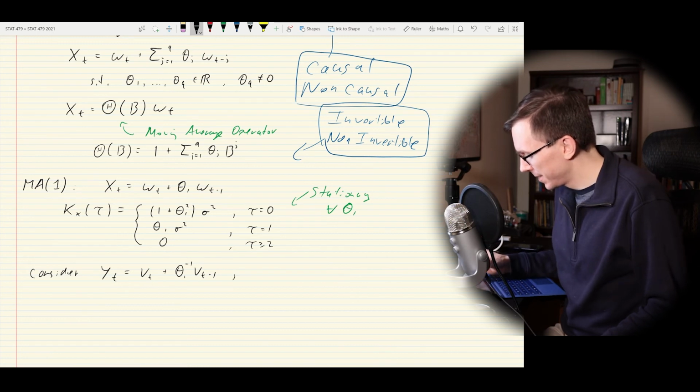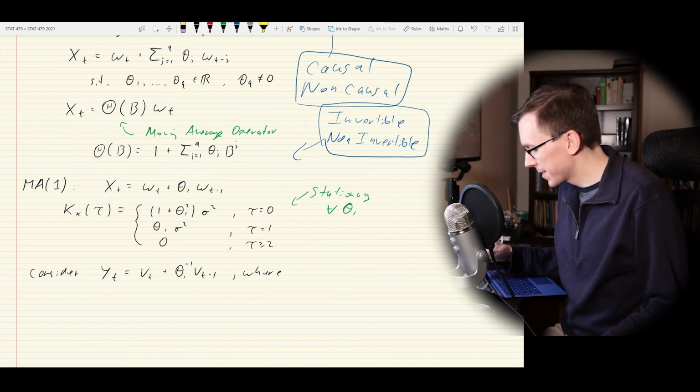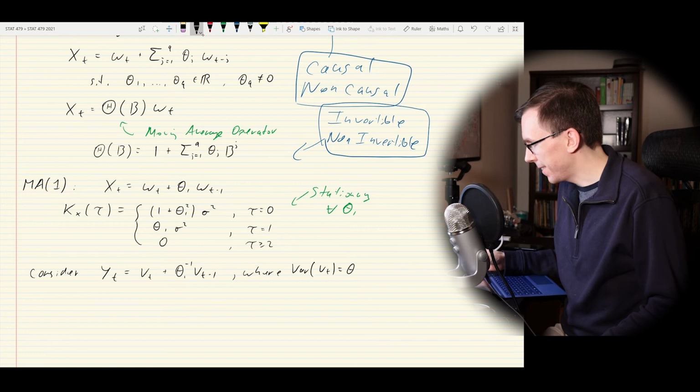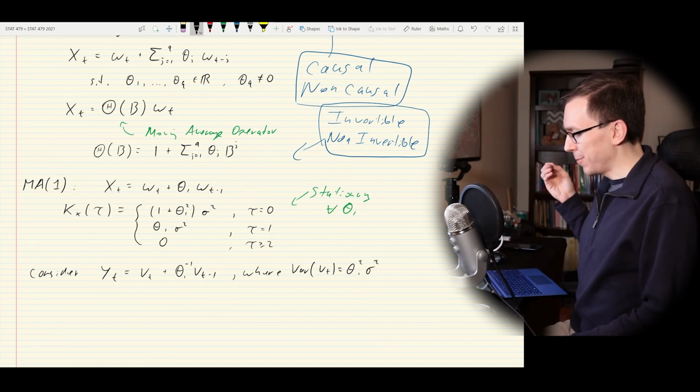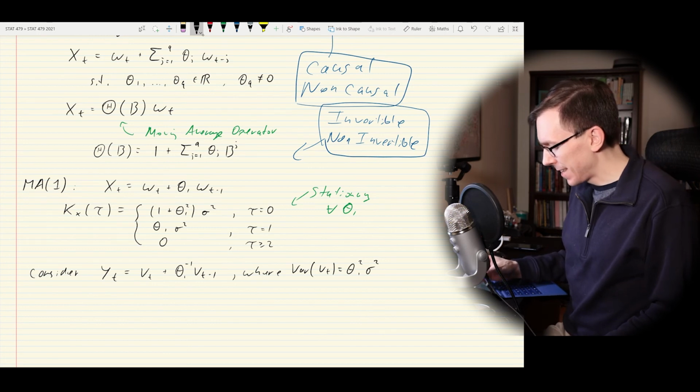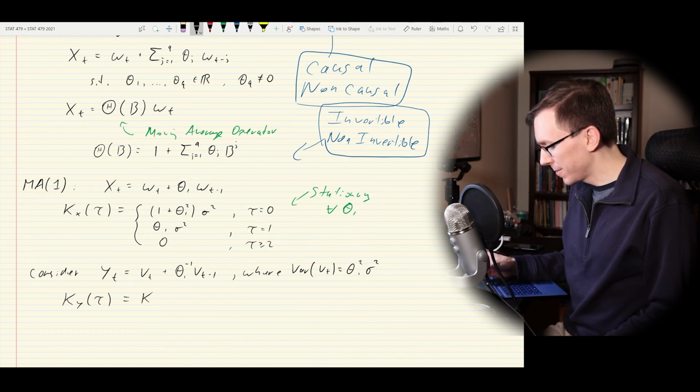Where I should say vt, I'll just write the variance, where the variance of vt is going to be theta 1 squared sigma squared. And if we do that, then it turns out that the autocovariance of y at tau just happens to be the same as the autocovariance of x at tau.